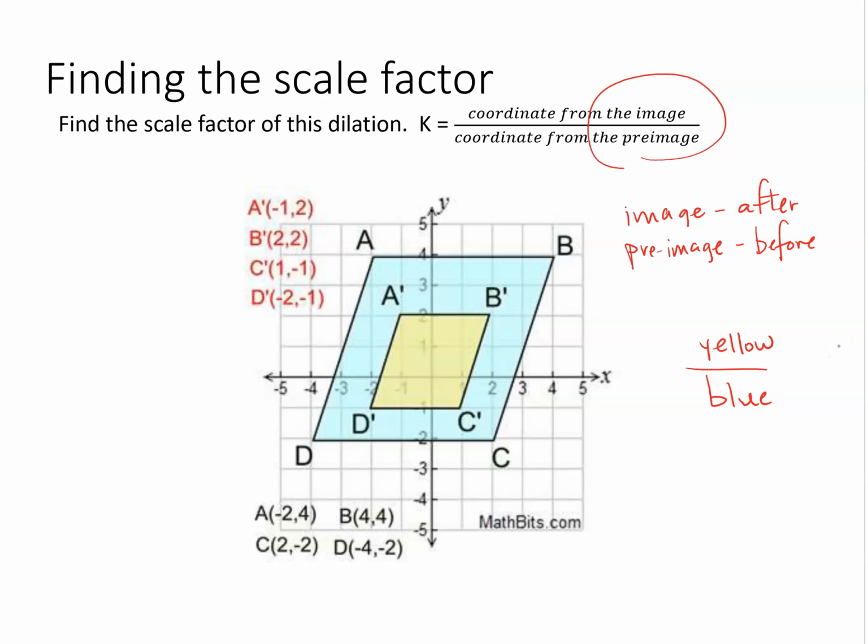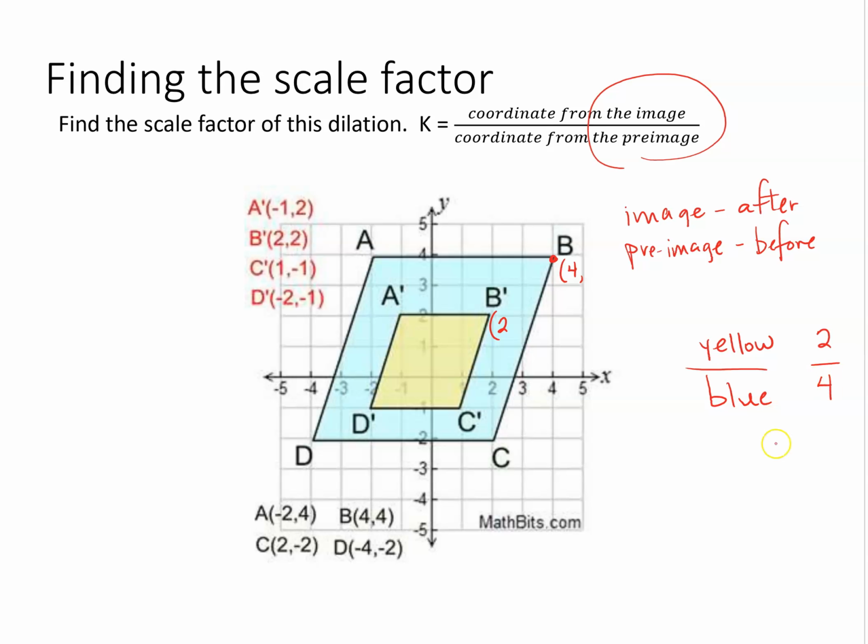Okay. So to get this, I can take any coordinate, because if these are similar figures, they're all going to work the same way. So I'm just going to go with B and B prime. For B, the x coordinate is 4. I don't even really need the y coordinate. And this x coordinate is 2. So this went from 4 down to 2. To get the scale factor, we say the yellow goes on top, the blue goes on bottom.